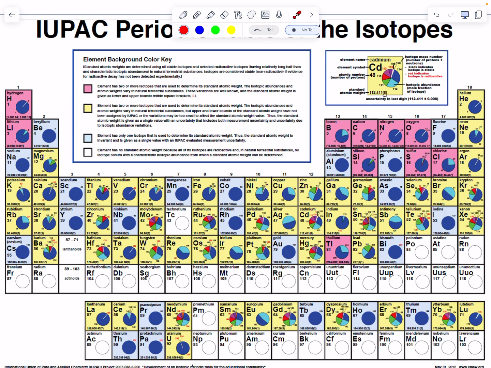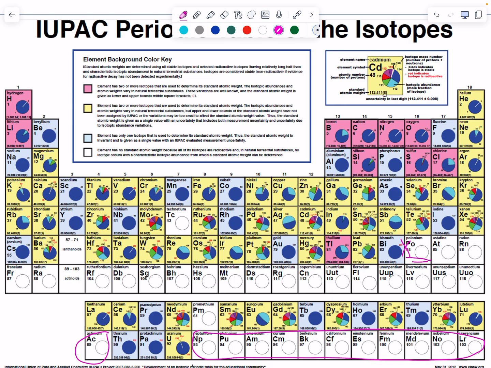The key point where things start to go is right here, once you get above an atomic number of 83. All of these elements here have atomic numbers above 83.